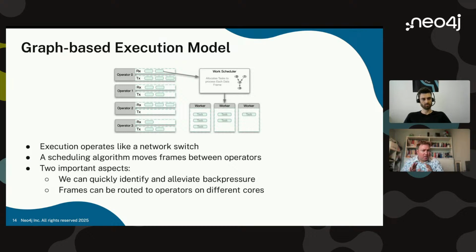The other thing is that it also lets us do concurrent execution. Here we're able to execute work on multiple operators at the same time on different threads. But it also lets us do parallel execution, where we can execute across all the things in the input queue at once.